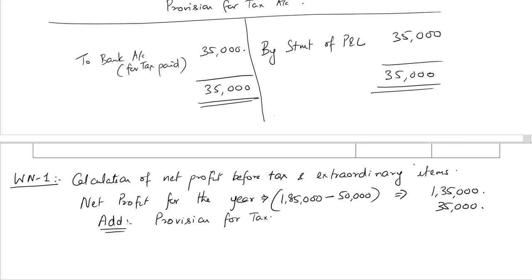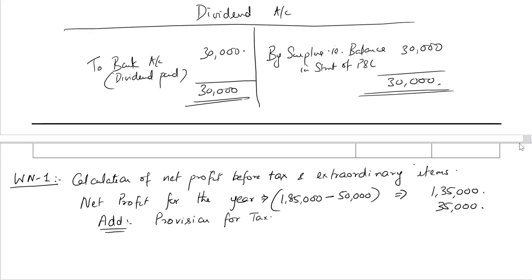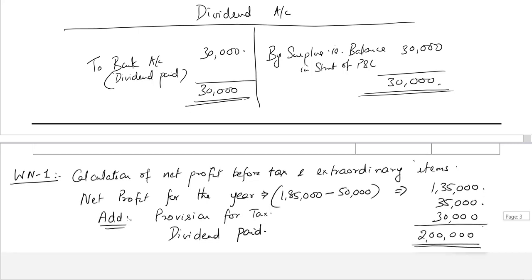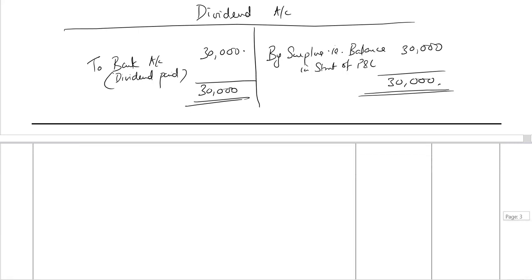And we also made the provision for the dividend paid, 30,000 rupees. The final answer, which is the net profit before tax and extraordinary items, is rupees 2 lakh, which we will insert in the cash flow statement.